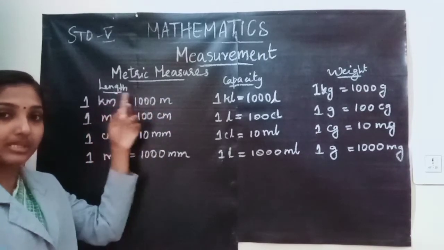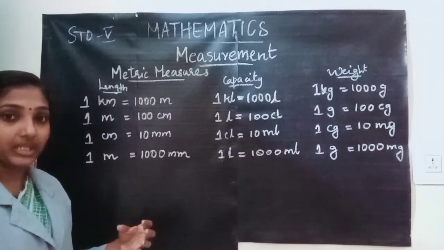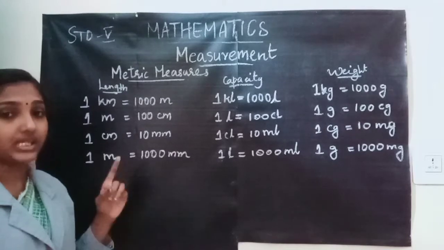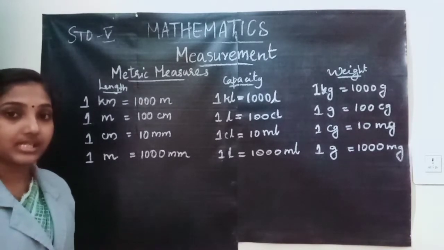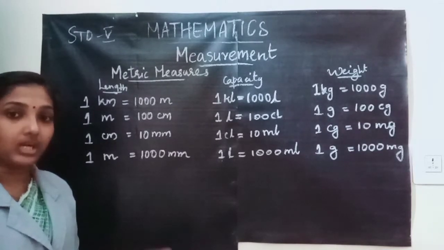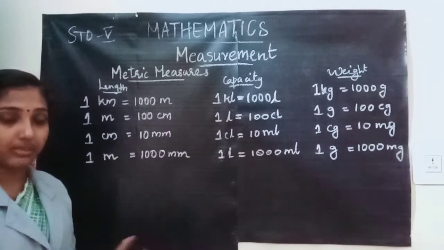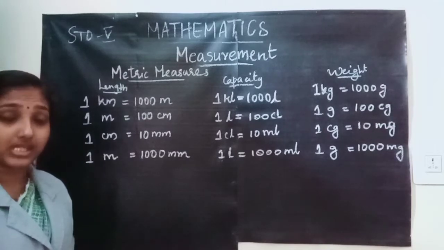The meaning is that 1000 meter together means 1 kilometer, and the distance they cover, the length they cover, is same. They have to cover the same distance.